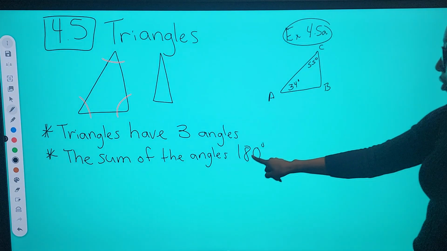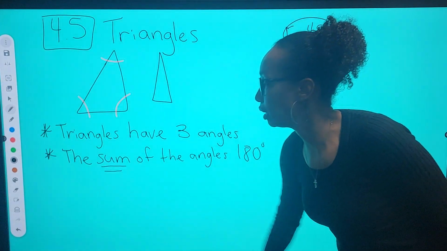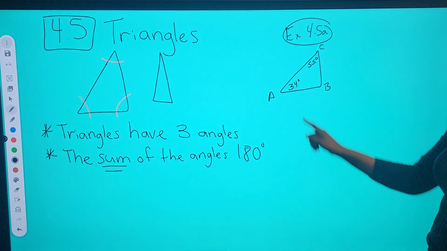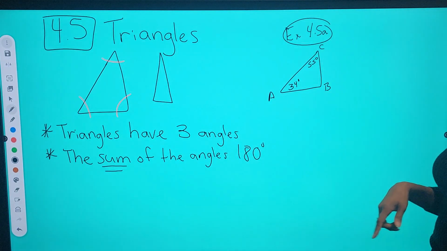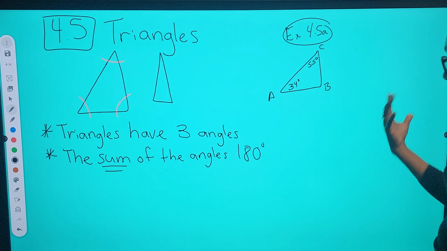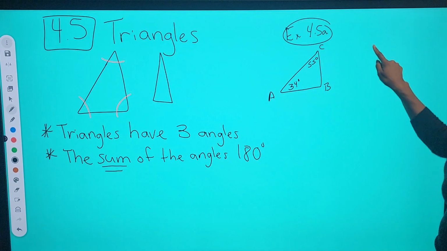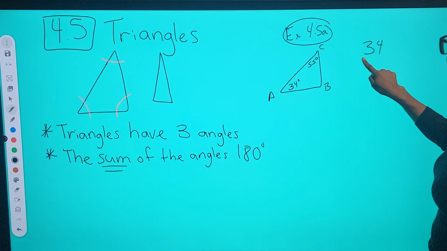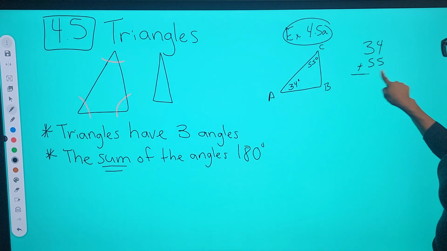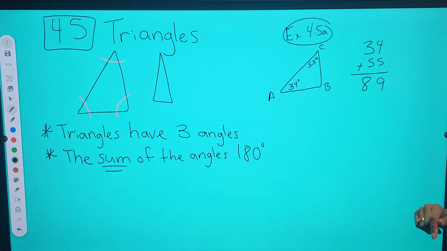So, based on this, I know that the sum, and we know sum means to add them together, of the angles is supposed to equal 180. Well, let's find out how many degrees we already have. I could say that 34 plus 55 so far gives me a total of 89 degrees.